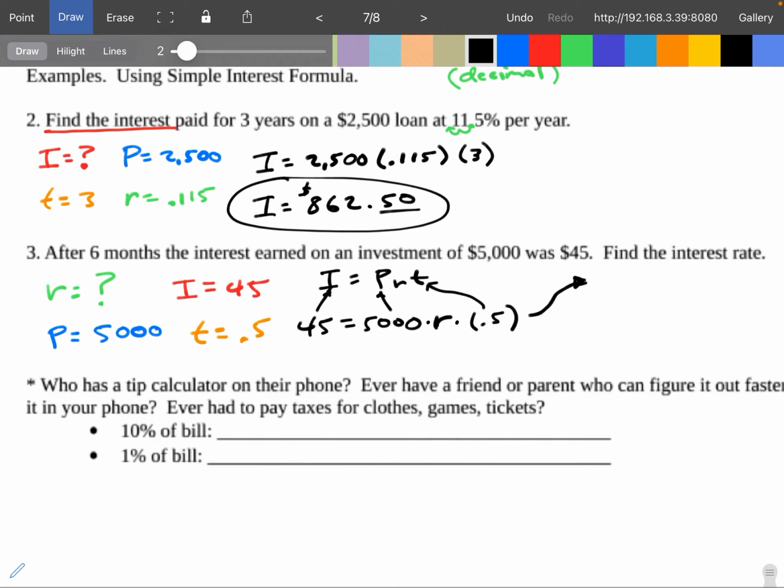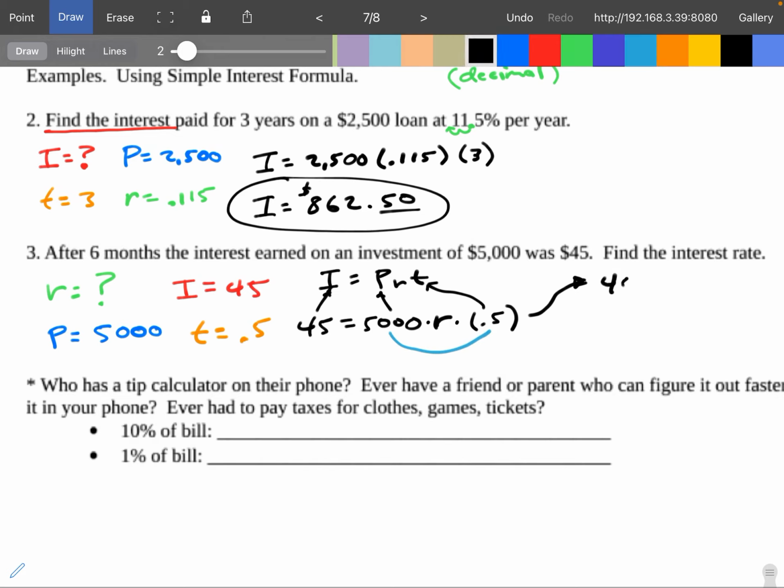And then we can multiply in any order we want, okay? So let's come over here. So what I'm going to do is I'm going to multiply these two together first. Because I can do 5,000 times R times 0.5 is the same thing as 0.5 times 5,000 times R. You can multiply in any order you want.